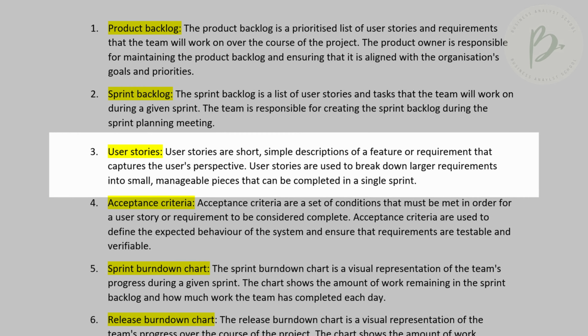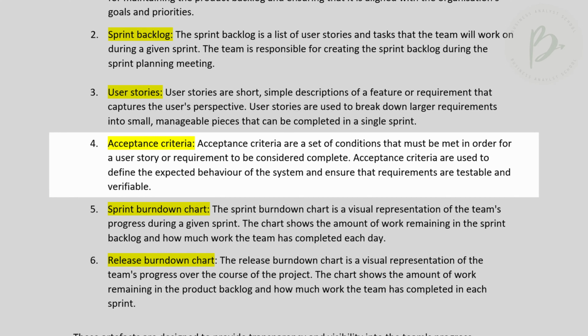The user stories, this is what makes up, builds our sprint backlog and our product backlog. These are short, simple descriptions of features or requirements that captures the user's needs, the user's perspectives, the user's requirements. They're used to break down larger requirements into small, manageable pieces that can be completed in a single sprint. We will look at some examples, don't worry, for our project, okay?